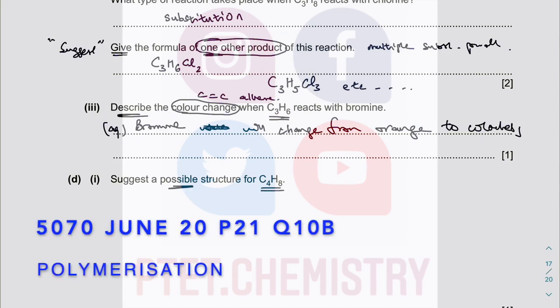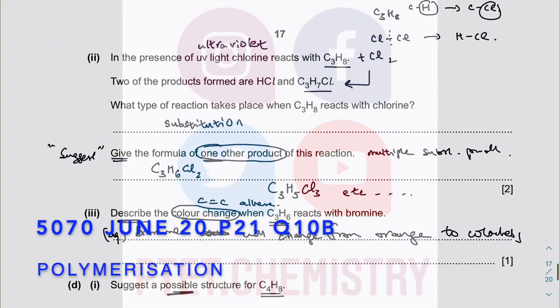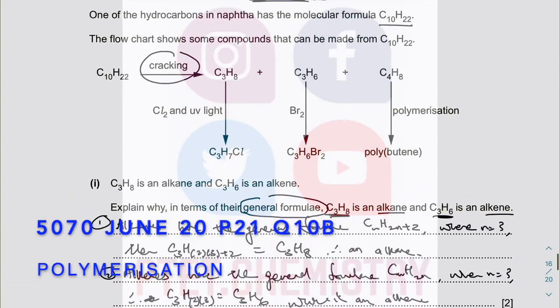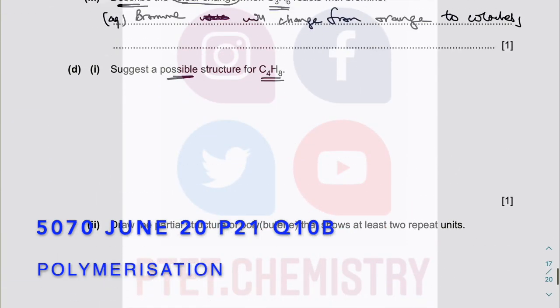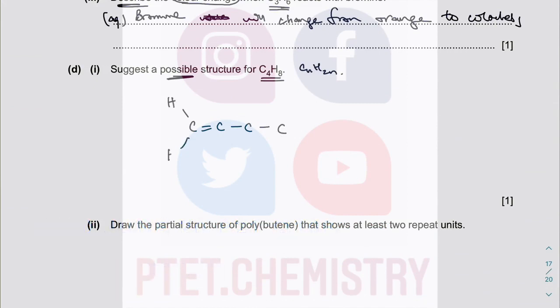C4H8 possible structure. So, there's no other information, but it's CnH2n, right? So just draw 4 carbons, and you know there's an alkene, so just draw it really. I'm drawing a displayed formula where I show all the bonds. There's an example of C4H8.